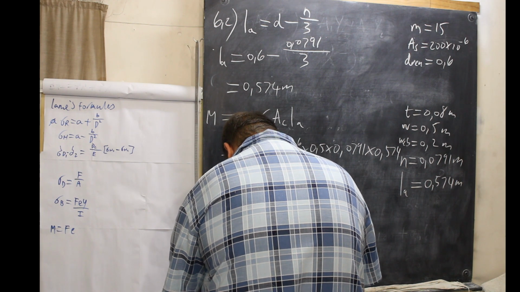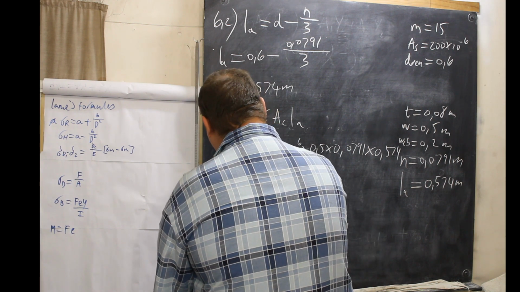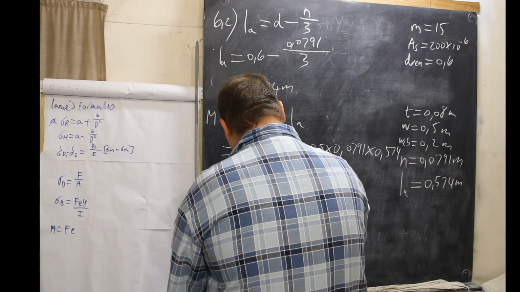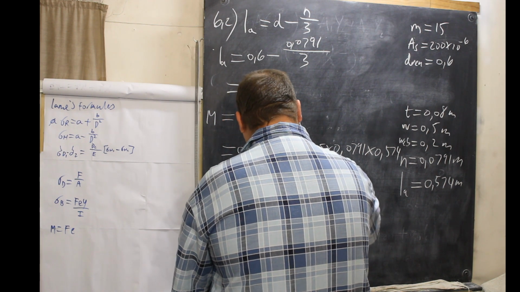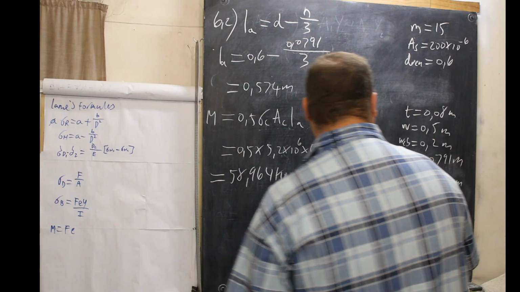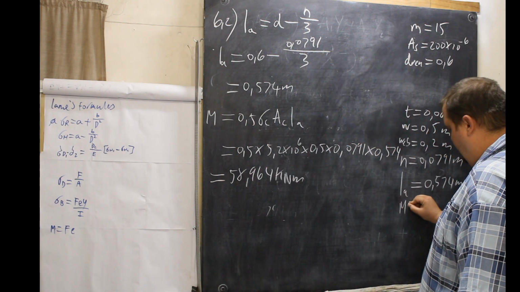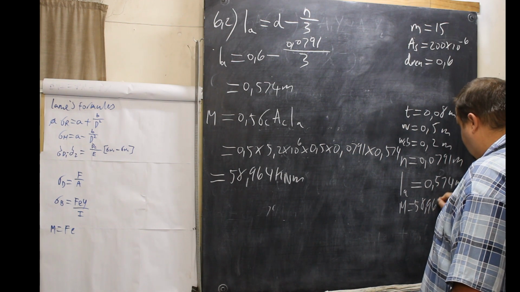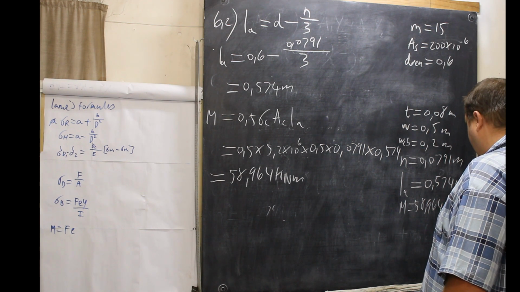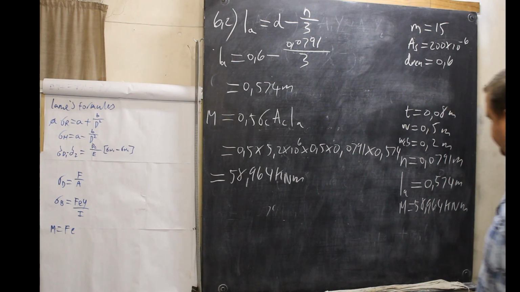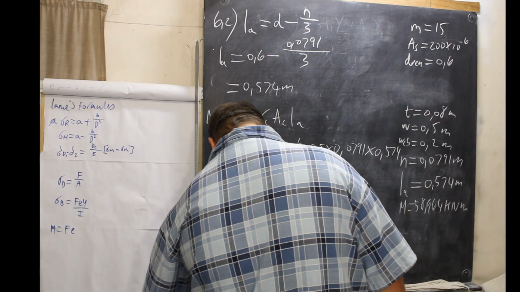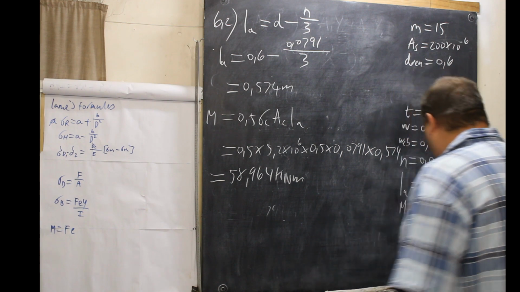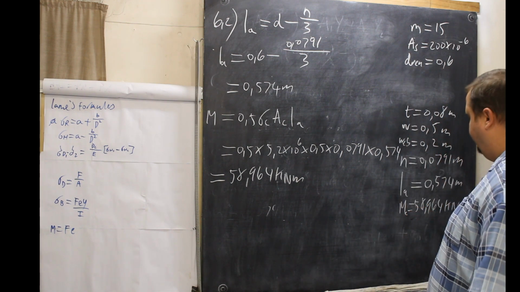Once we've put it in our calculator we get 58,964 kilonewton meters. So M equals 58,964 kilonewton meters. This is M, that's the moment for concrete.